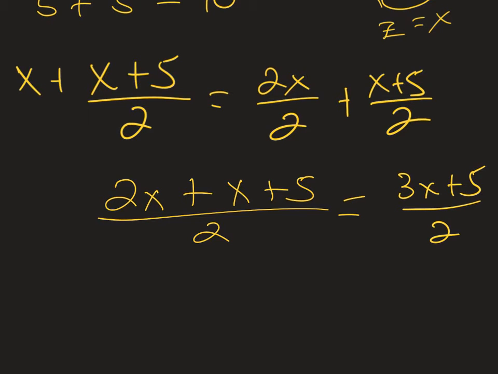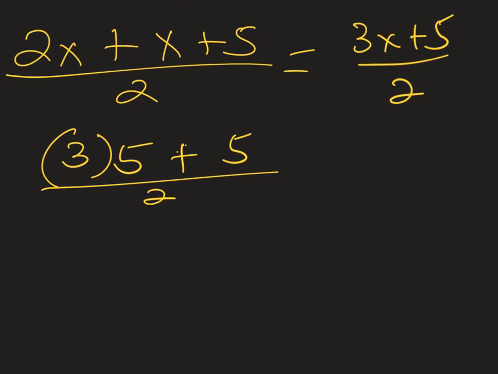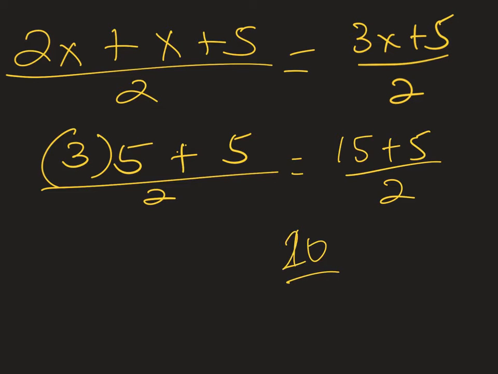And whatever my value is should work. So in our case, it's 5. So 5 times 3 plus 5 over 2, which I would get 15 plus 5 over 2, which is 20 over 2, which is 10.